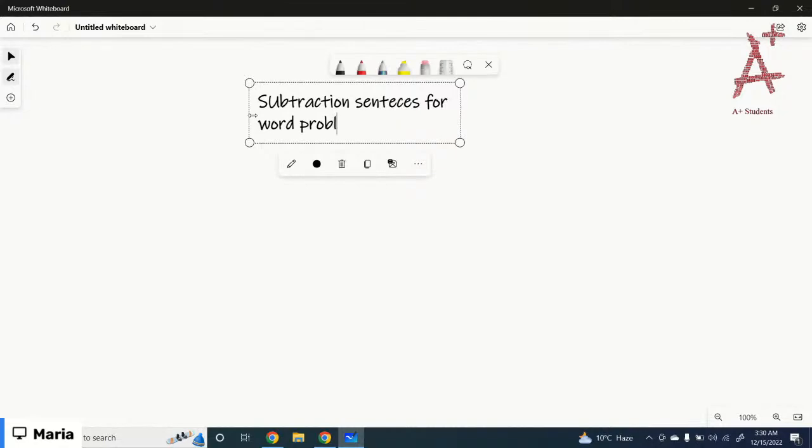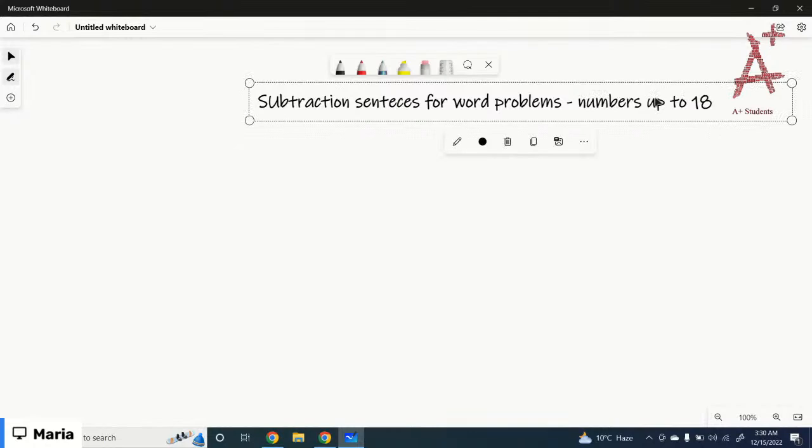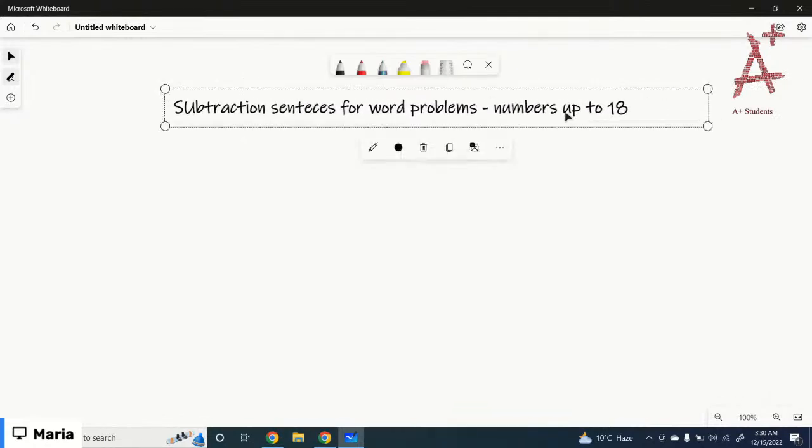Now you are learning how to subtract the numbers that are greater than 9, up to 18. Got it?